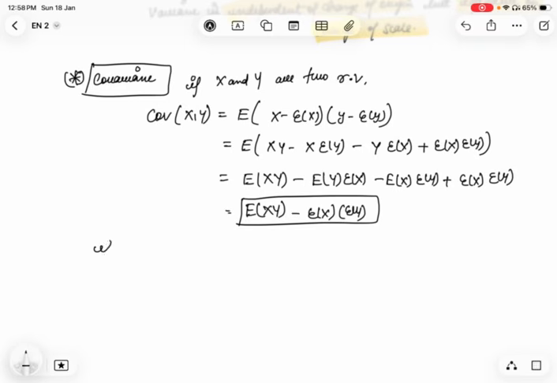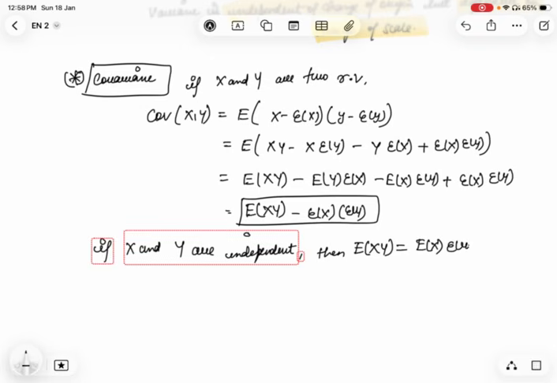Now, if x and y are independent, then expectation of xy, as I have already told in the properties of expectation, is equal to expectation of x into expectation of y. So covariance between x and y is equal to 0.